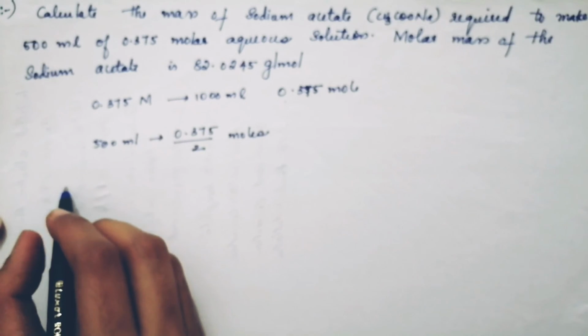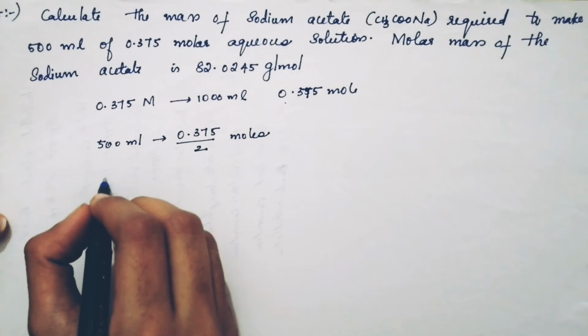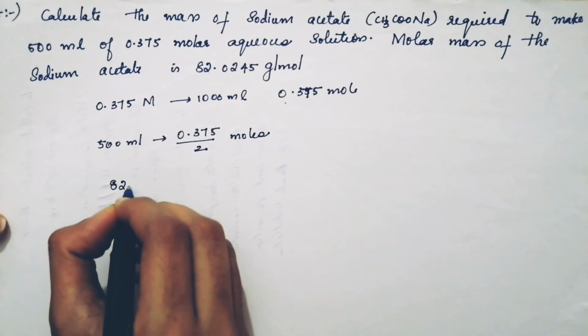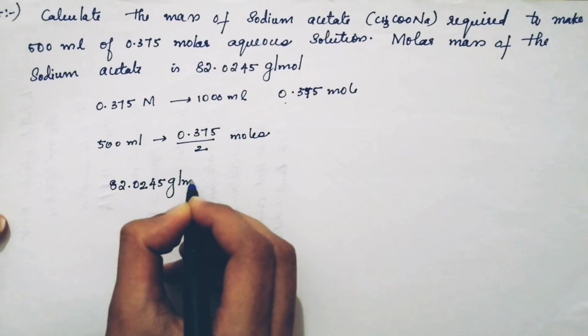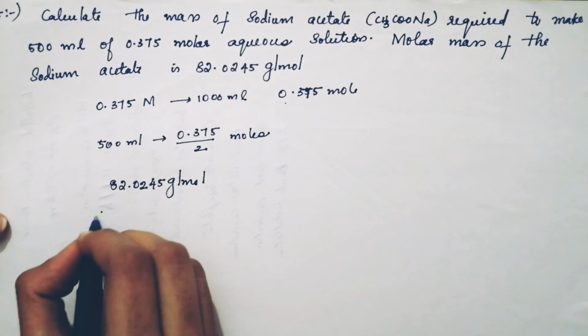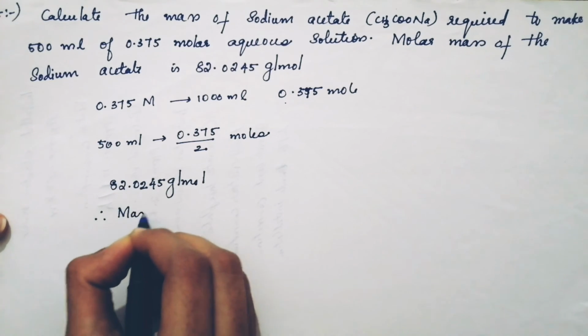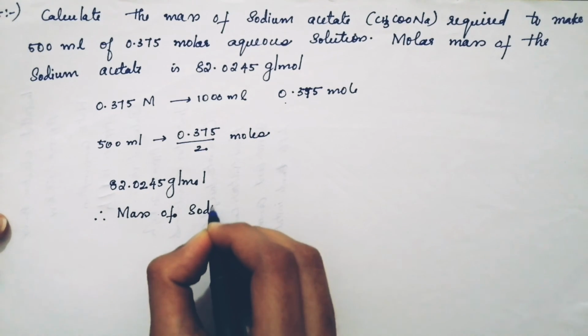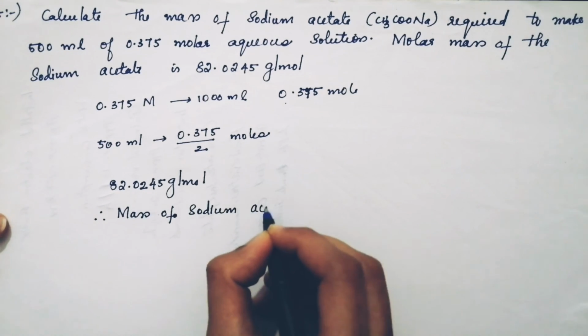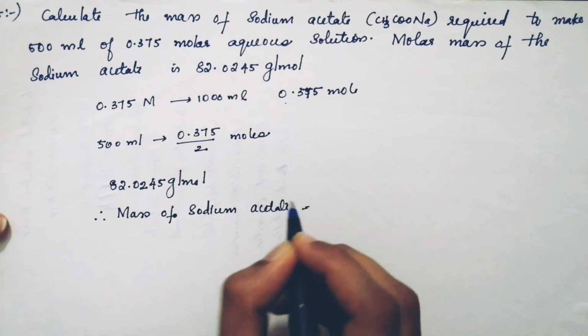So it will contain 0.375 divided by 2 number of moles. And we are already given that the molar mass of sodium acetate is 82.0245 gram per mole. Therefore, the mass of sodium acetate required will be, it's very easy, you just have to multiply it.